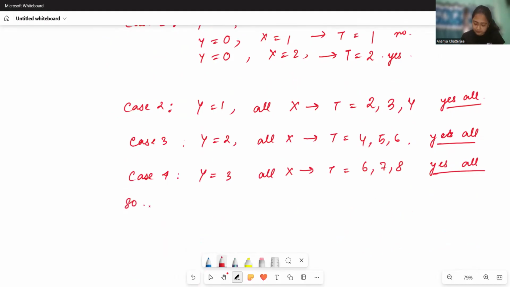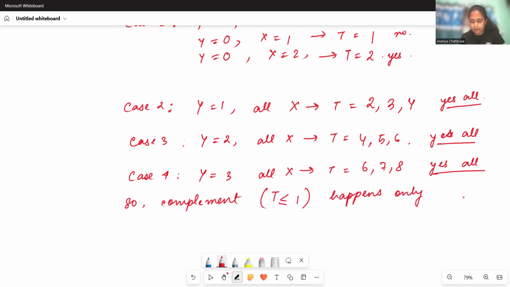So, the complement, that is t less than or equal to 1, happens only when x, y is equal to 0, 0 and x, y is equal to 1, 0.